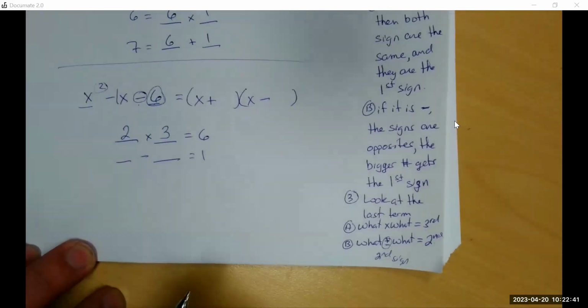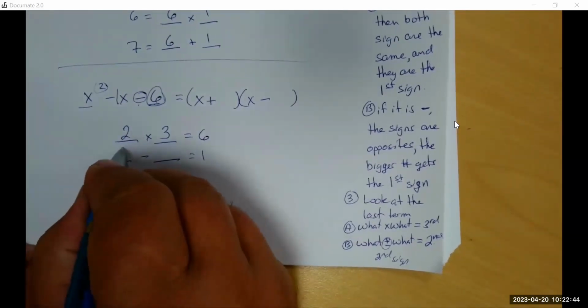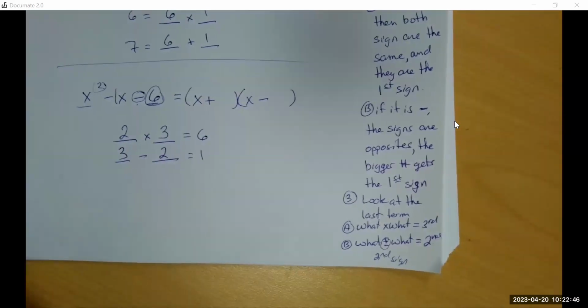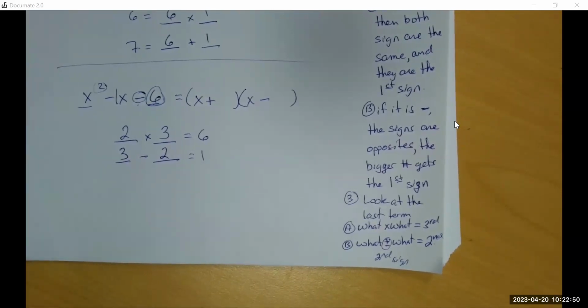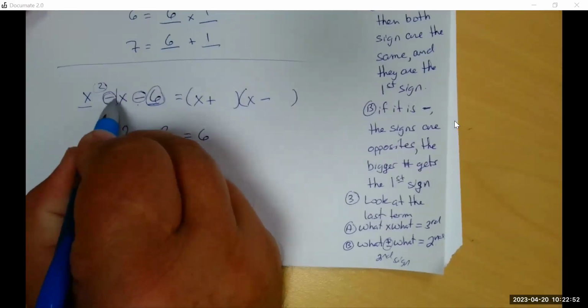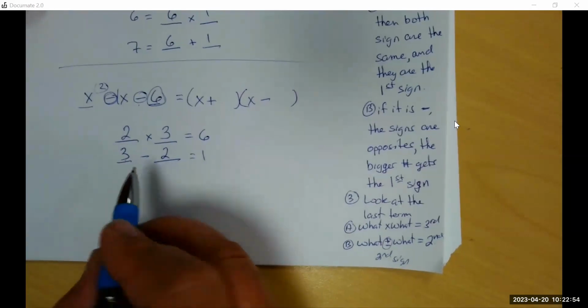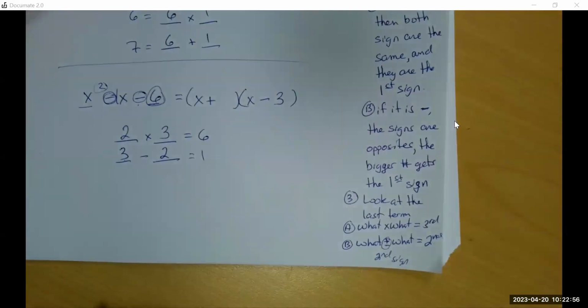Two times 3 and 3 minus 2. So those are the numbers. Since the first sign is negative, the bigger number gets the negative.